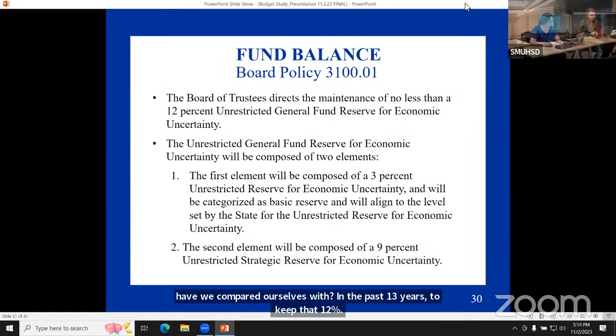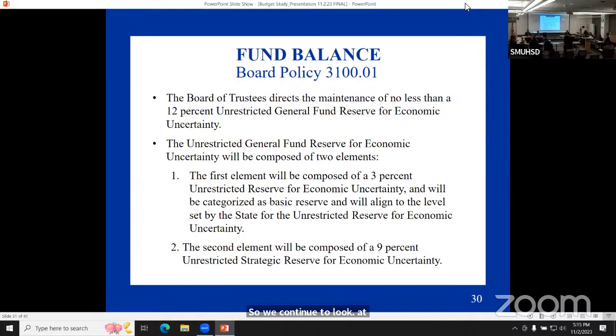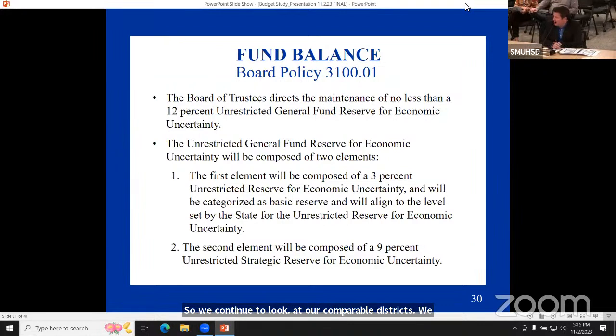So we continue to look at our comparable districts. In the general fund, we probably keep a little bit less than some of them, although the increase in the last couple of years in COVID with the one-time funds has put us much more comparable.